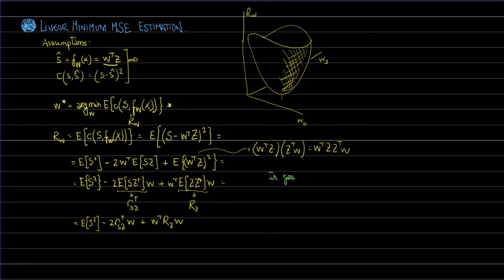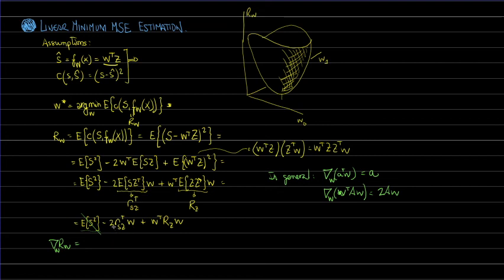In general, the gradient of a linear combination of W with respect to W is equal to the vector multiplying W, and the gradient of a quadratic form W transpose times any matrix times W is 2 times the matrix times W. So if we compute the gradient of R(W) with respect to W, the first term doesn't depend on W, it's a constant, so the gradient is 0, we can ignore it.